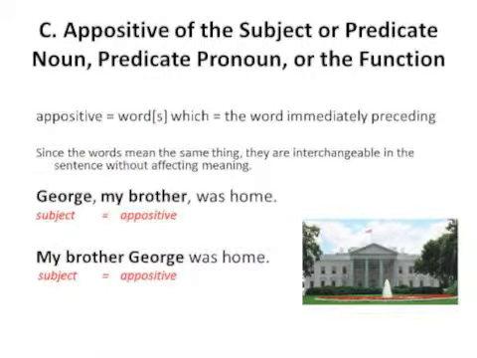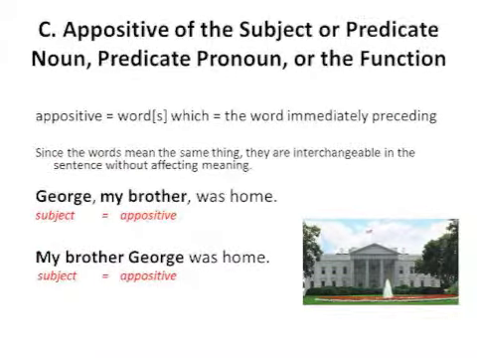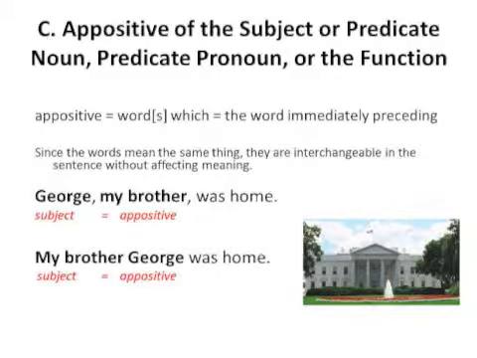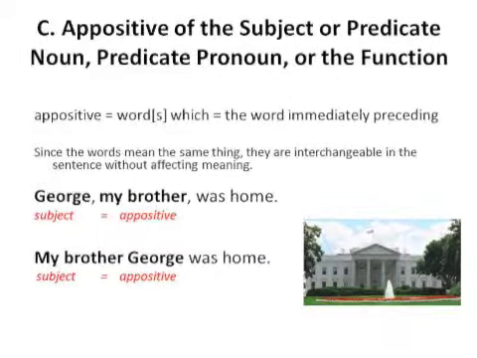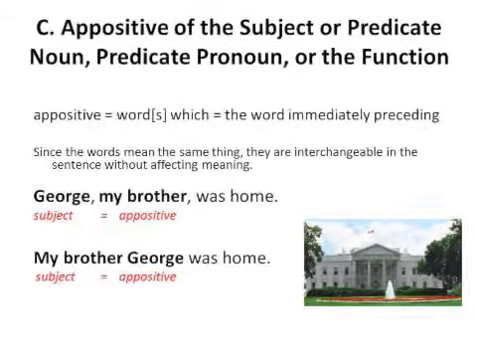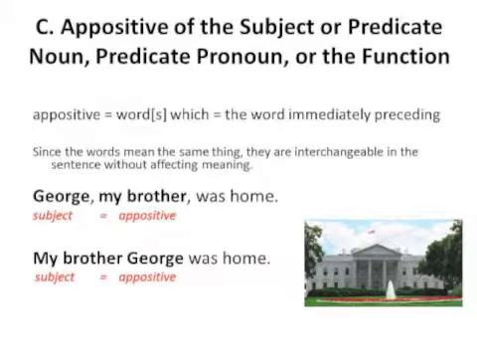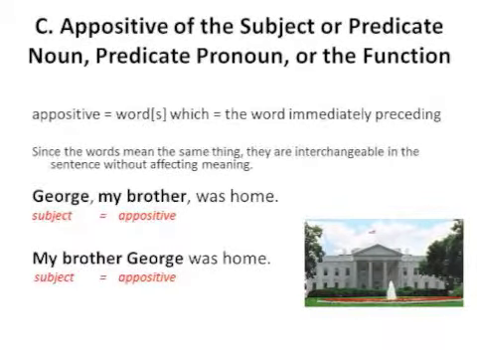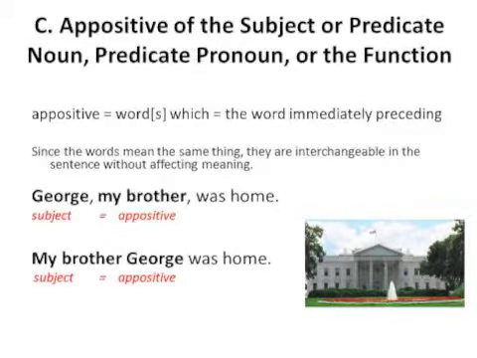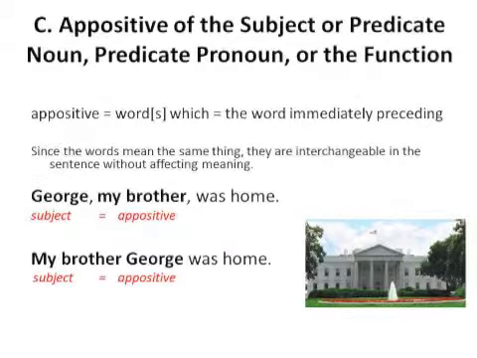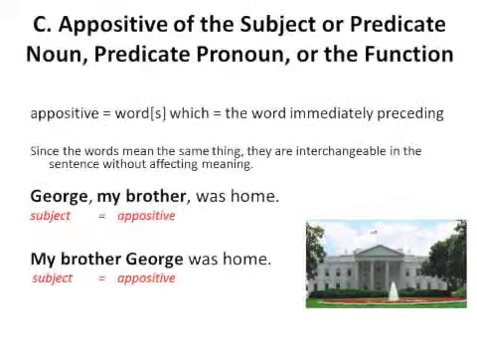Now let's look at what an appositive is. It means the same thing as the word or words immediately before it. So, if we say George, my brother, was home, the subject is George, and my brother means the same thing as George.